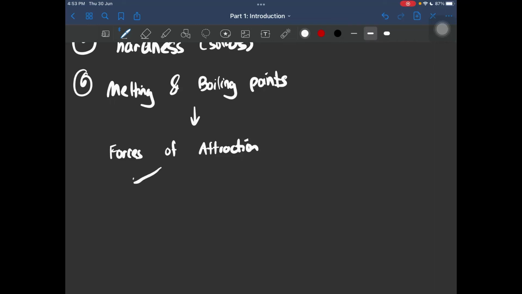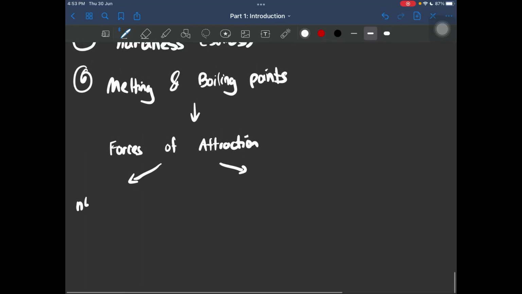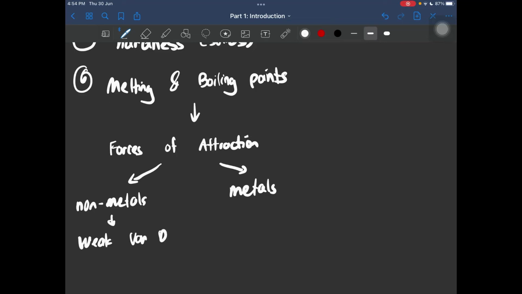We have two types: for non-metals, in general, they are held together by weak van der Waals forces of attraction, and metals are held together by strong metallic bonds.